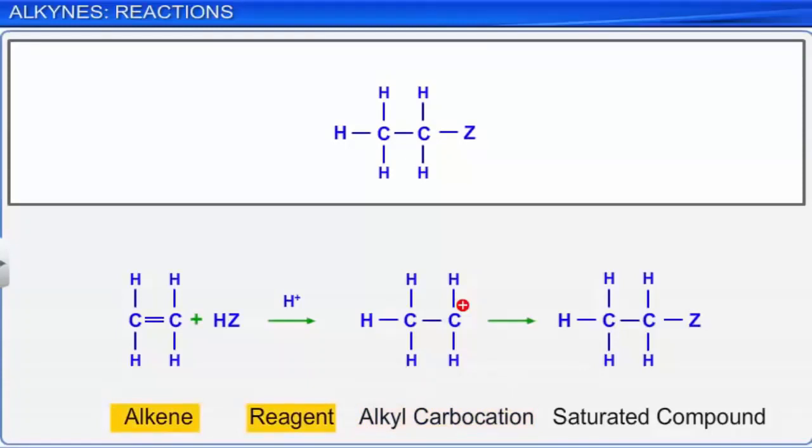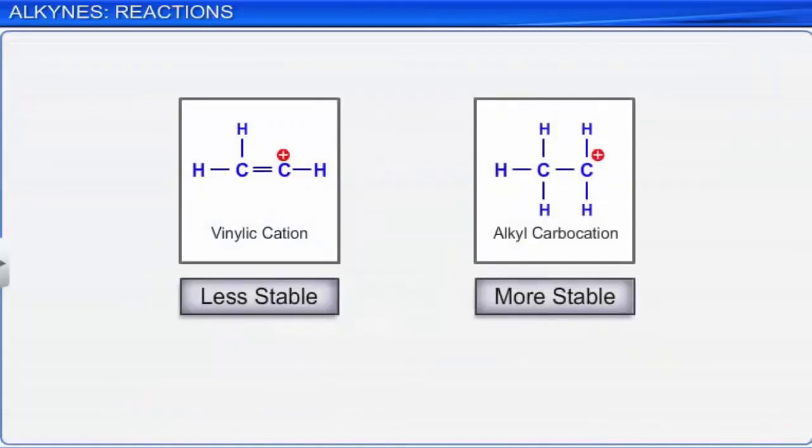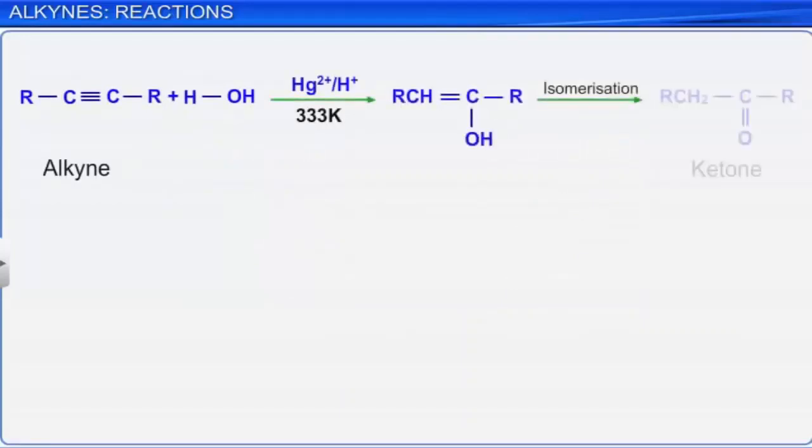As vinylic cation is less stable than alkyl carbocation, alkynes are less reactive towards addition reactions than alkenes. Hence, the addition reactions of alkynes take place under drastic conditions when compared to the addition reactions of alkenes.